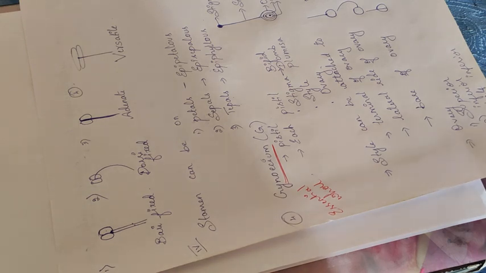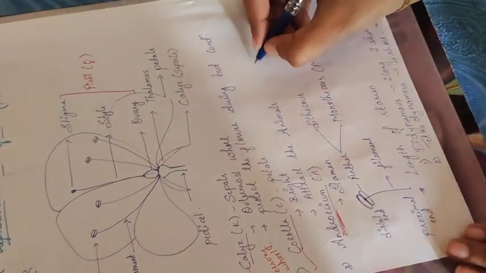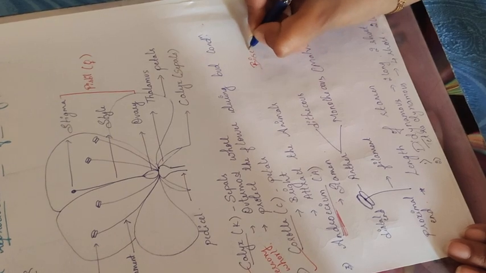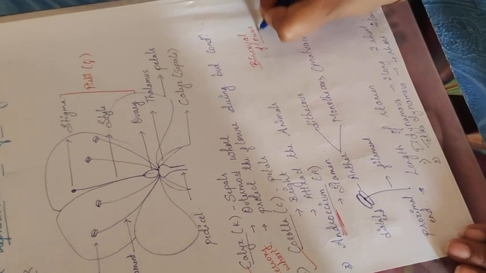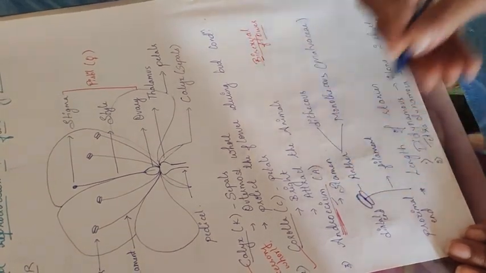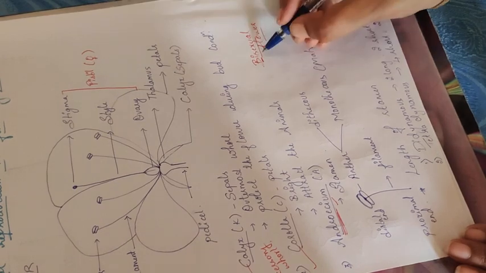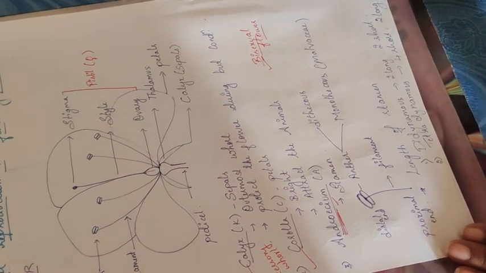If a flower doesn't have any one of these whorls, you call it as incomplete flower. And also a flower which exhibits both the gynoecium and androecium, what do you call such a flower? You call it as bisexual flower. Bisexual flower meaning it will have both the sexes, which is androecium and gynoecium. If it is present in a single flower, you call it as bisexual flower.